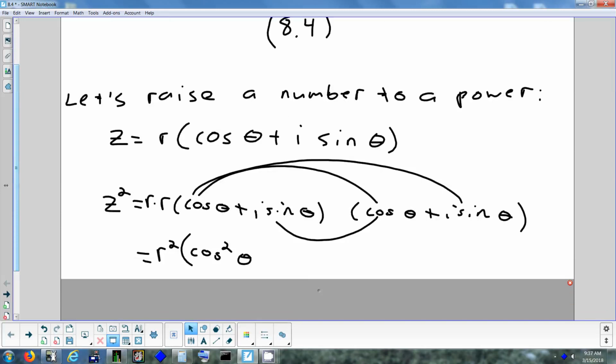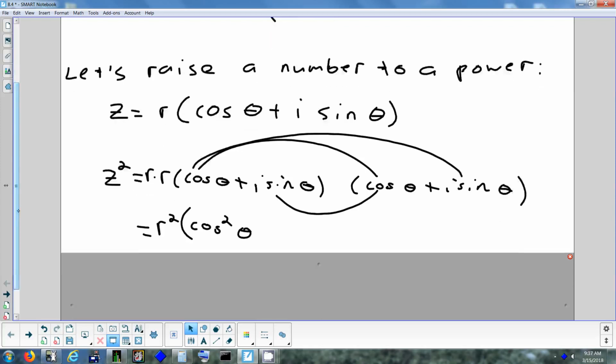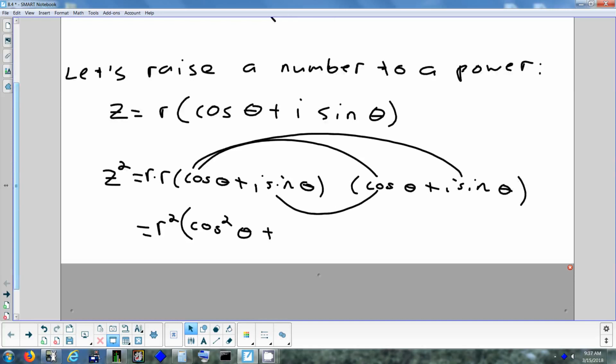We have cosine times i sine, cosine times i sine. So how many cosine i sines do I have? Okay, 2 of them. So we have 2 of the cosine i sine. And if you're wondering why I put it in that order, you'll see why in a second. In fact, I'm even going to put the 2 right there.